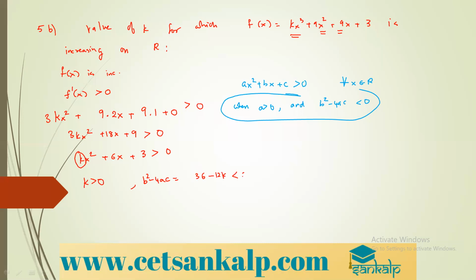This we will take less than 0, because in the question they said the function is increasing for all values of R. That's why we are taking this. So 12k is greater than 36. K is greater than 3. That's the answer which is there in the option.